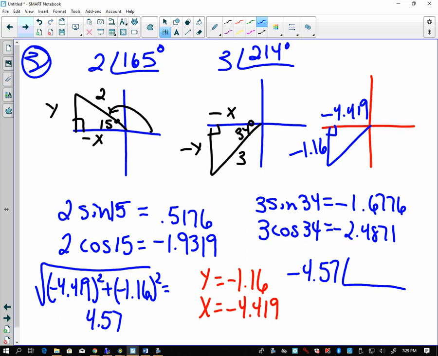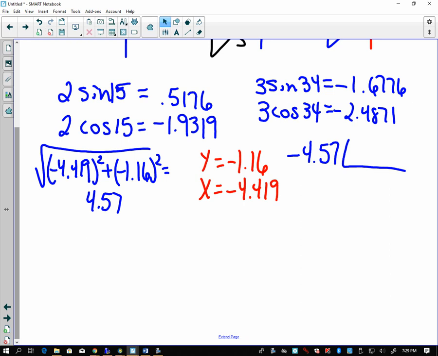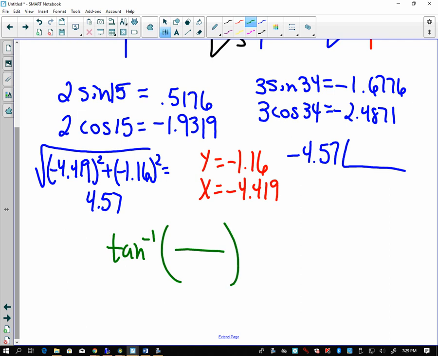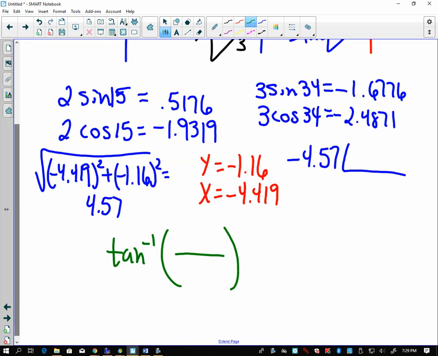Right, the next thing that we need is a degree. Degree is going to be found by using inverse tangent, opposite over adjacent, negative 1.16 over negative 4.419.